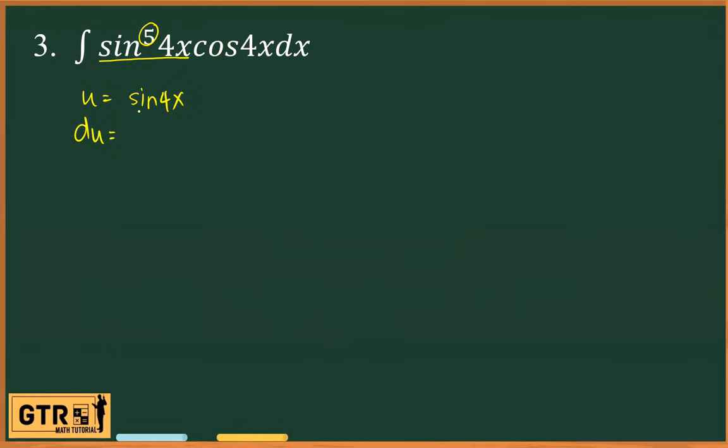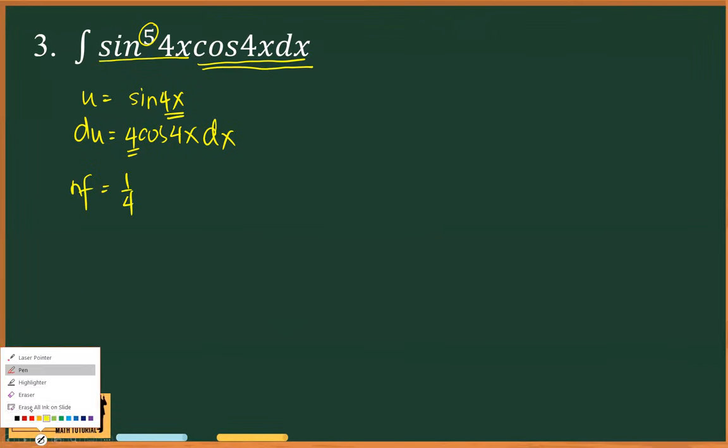Then our du, the differential of sine 4x, is the derivative of sine, which is cosine 4x, times the derivative of 4x, which is 4. So we put the constant 4 in front: 4 cosine 4x dx. Now it is in the form where this is our u to the n, and this is our du. We need a neutralizing factor of the inverse of 4, that is 1/4.